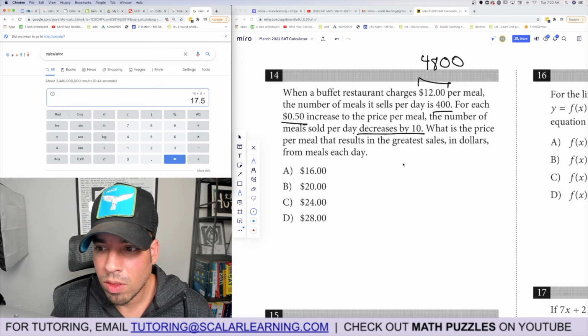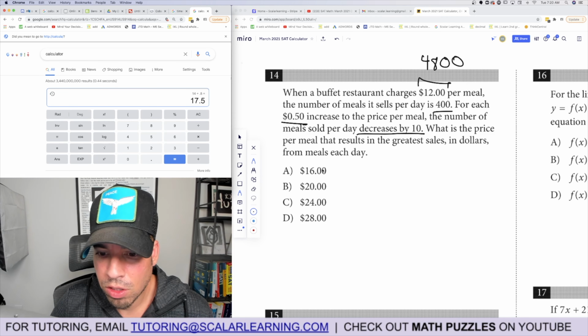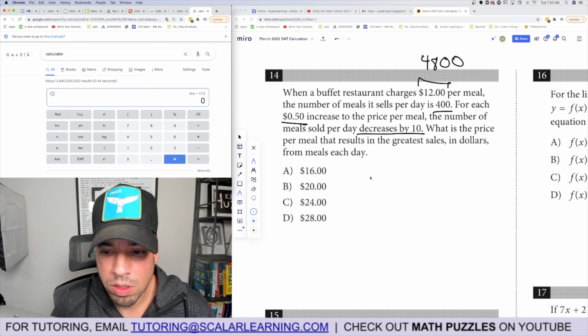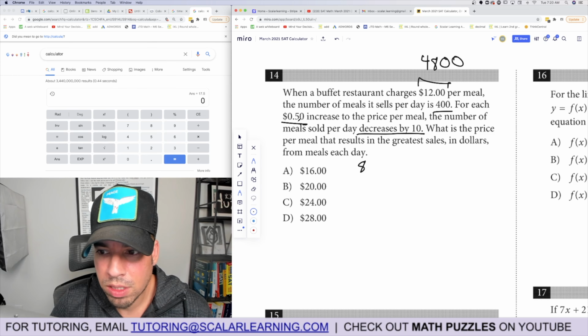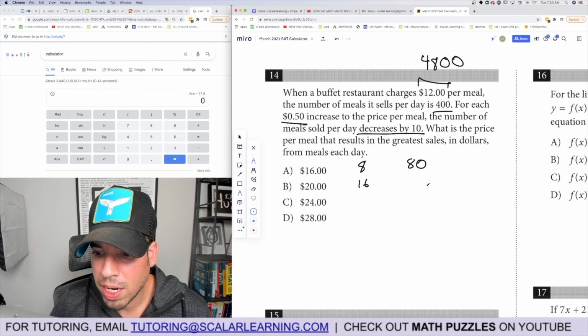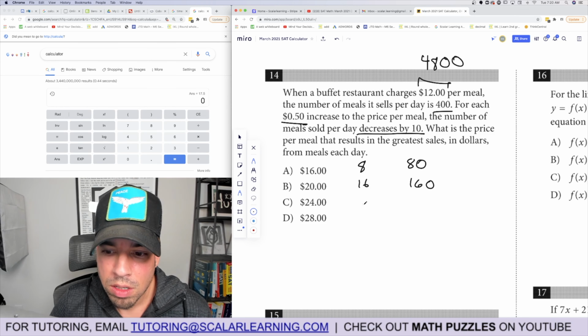Okay. So this is $16. So that's 8 increases. You see what I'm saying? Because it's $4 gone up. This has gone up by $8. That's 16 increases, which decreases by 160.